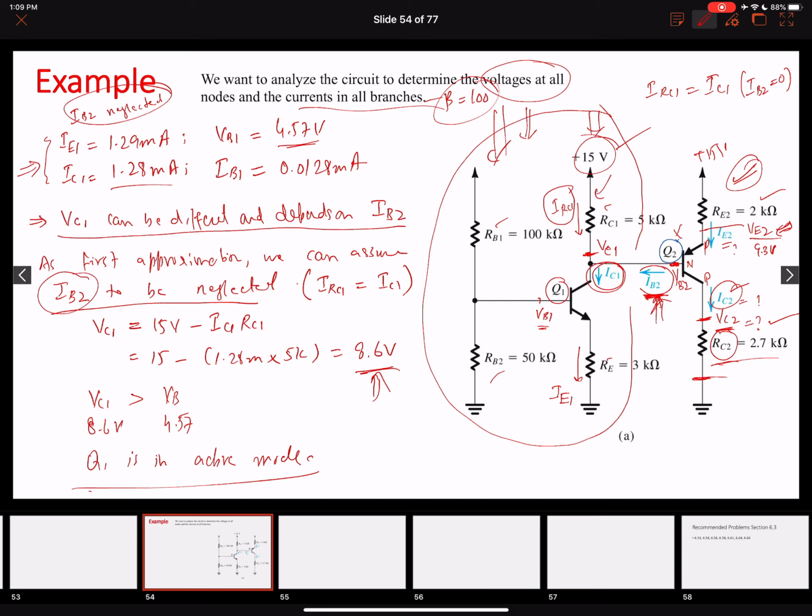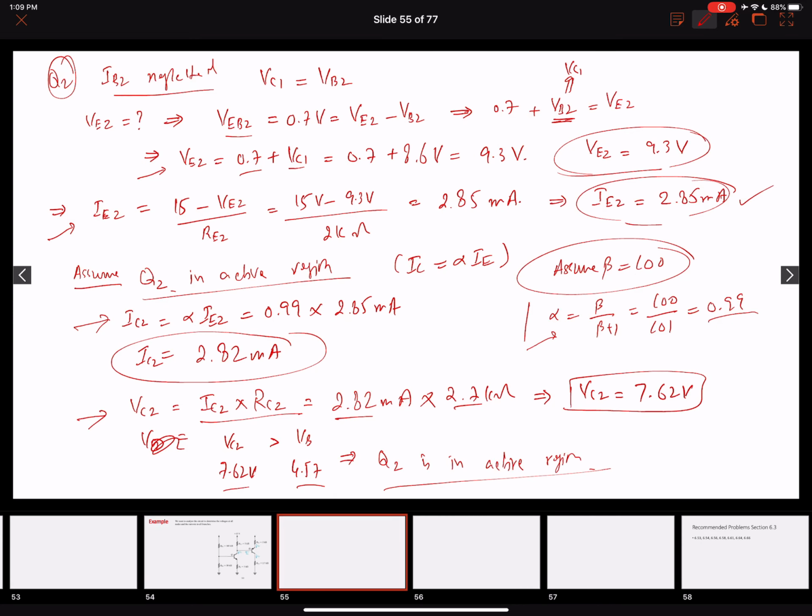This means that our IRC1 and IC1 were the same, and our collector voltage was the same as the base voltage for the second transistor. Then we solved the second transistor, where we first find the emitter voltage. Our VEB2 to forward bias the PN junction should be 0.7 volts, and we just reverse the polarity of the battery for a PNP transistor.